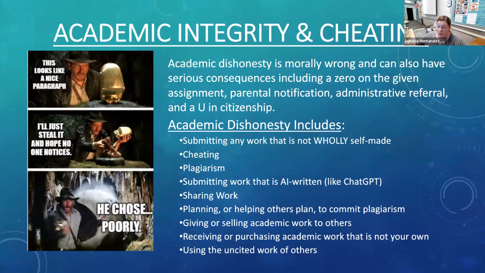If you're purchasing information from the internet, that's cheating. If you're using AI written stuff, partially or fully AI written work, that's also cheating, unless it's part of the assignment, which it will be sometimes. But for the most part, anything that you did not create yourself on an assignment that was meant for you to create yourself, that is cheating.